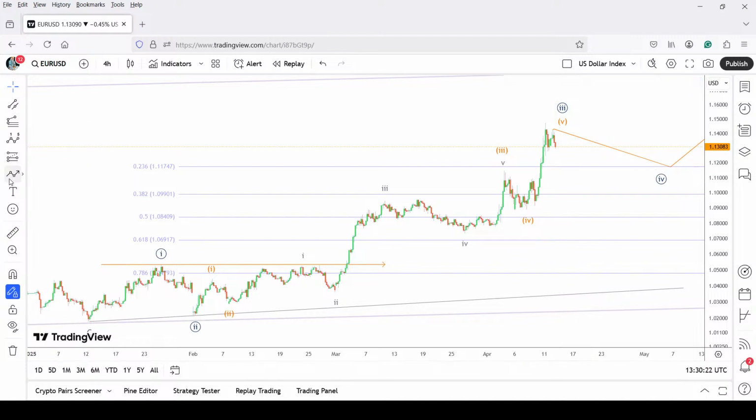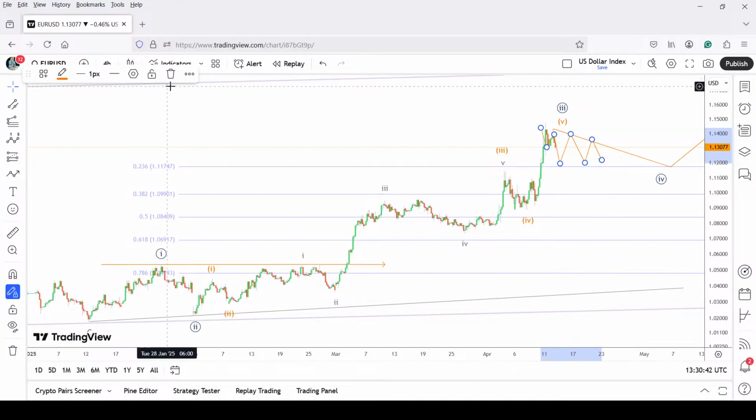If it is unfolding as a triangle, then that would be the first wave A of the triangle, and then B, C, that would be the proposed triangle structure.